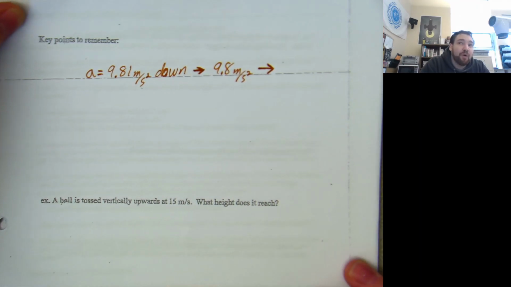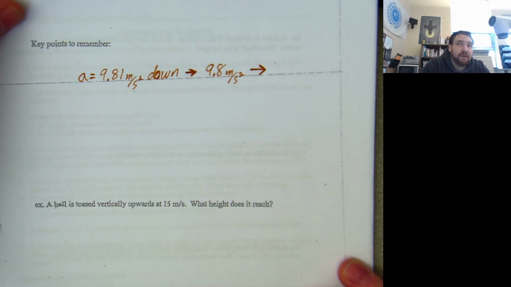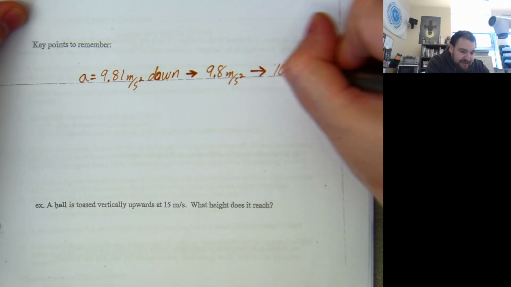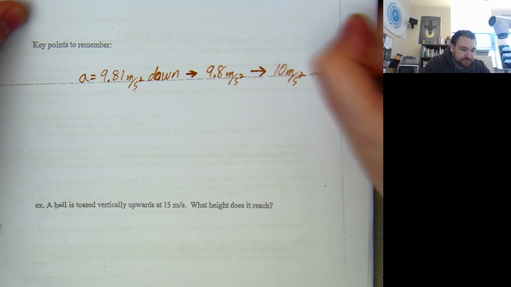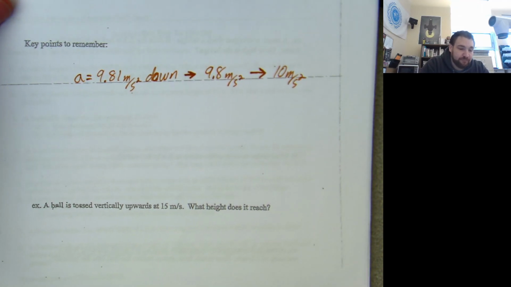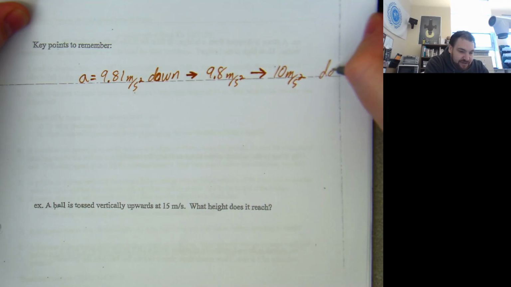But if you were out in the world and needed to make a point, what value would you probably use to make your mental math a lot easier to do? 10. 9.8 rounds very nicely to 10 meters per second squared. All of these, the acceleration is down.